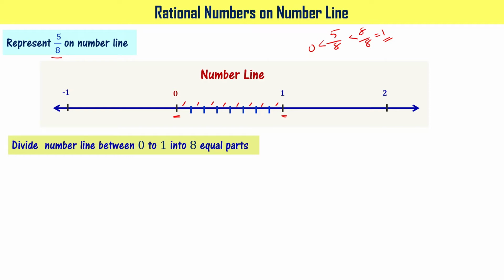Now, we know that 0 can be written as 0 by 8, and 1 can be written as 8 by 8. Now you see, this is going to be 1 by 8, this is 2 by 8, this is 3 by 8, this is 4 by 8, this is 5 by 8, this is 6 by 8, this is 7 by 8. 5 by 8 is what we are asked to represent on the number line. This is what we have represented now, right?